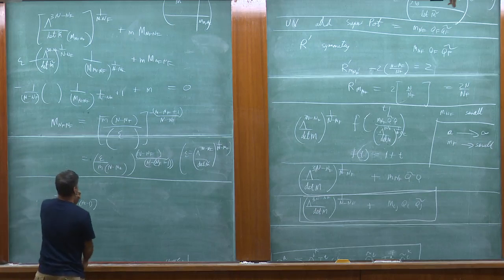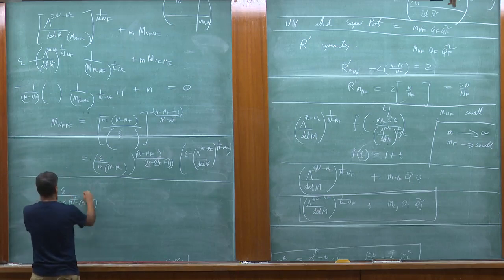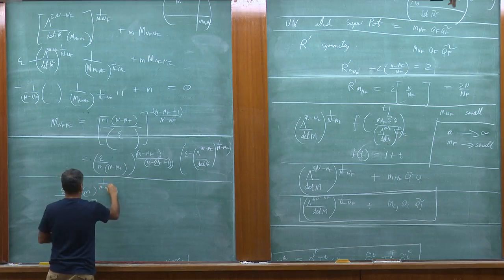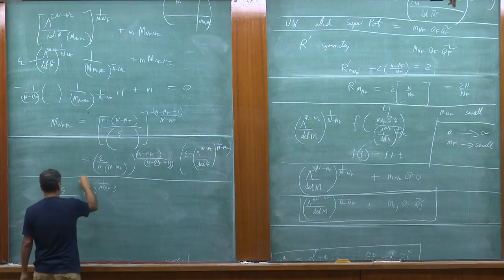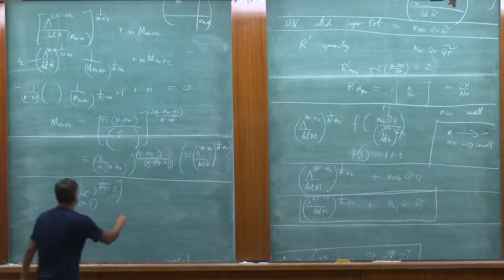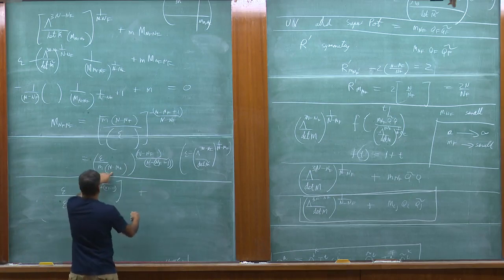And then there is m to the power 1 by n minus nf minus 1. And there was some number.